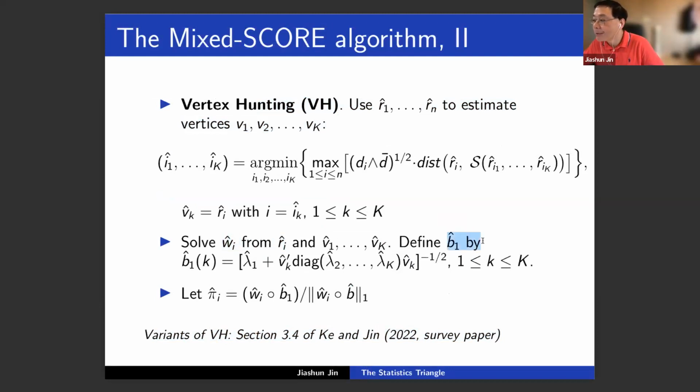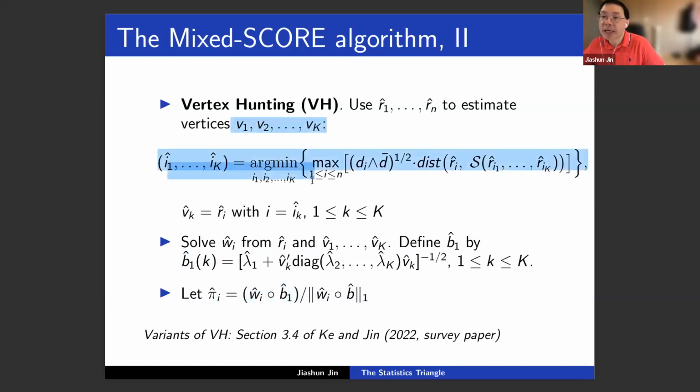Then you compute this B1, mimicking the population version. So finally you have W_i and B1, and you can recover and estimate your pi_i hat. This step and this step are very similar to the population version.